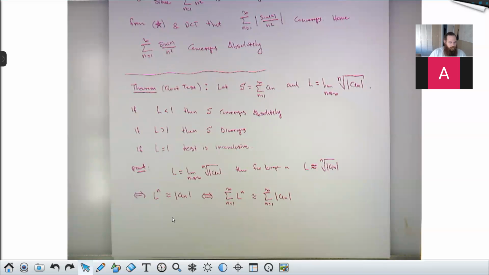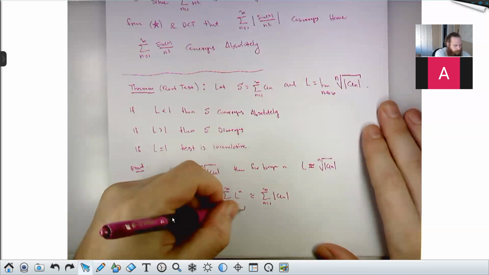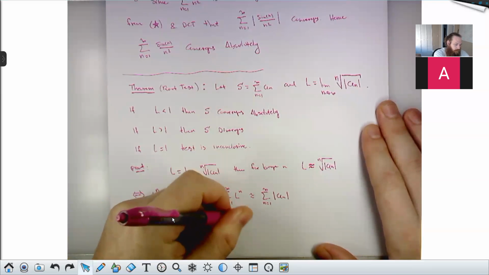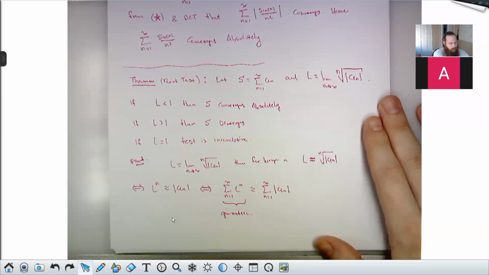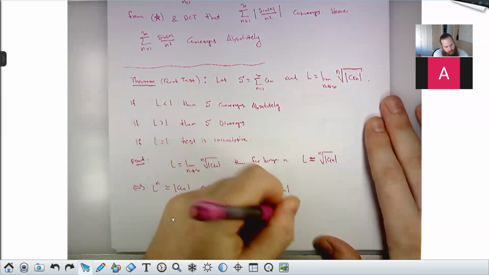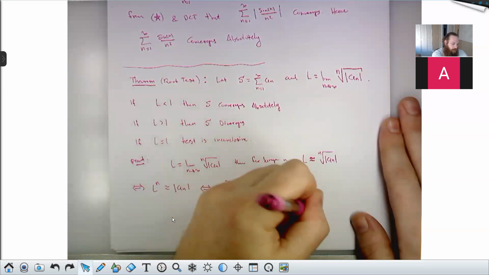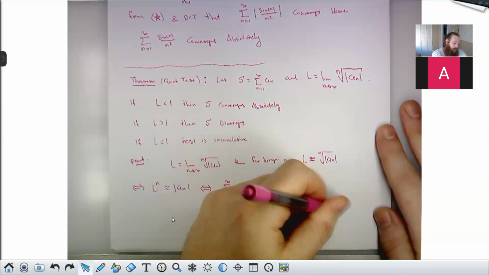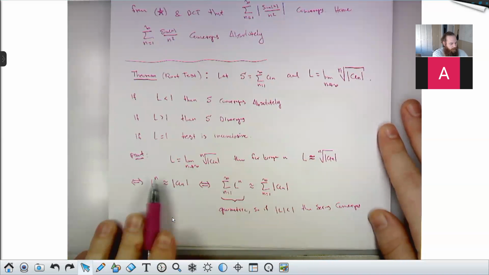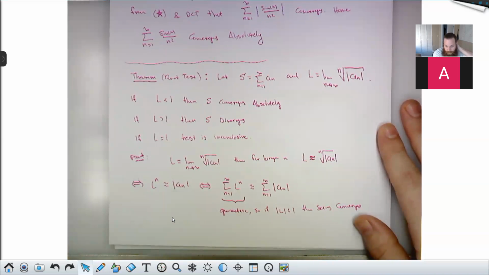And the series on the left is geometric. So if the absolute value of L is less than 1, the series converges. Now, by how L is defined, it's not possible for L to be negative. So saying the absolute value of L is less than 1 is the same as saying L is less than 1.